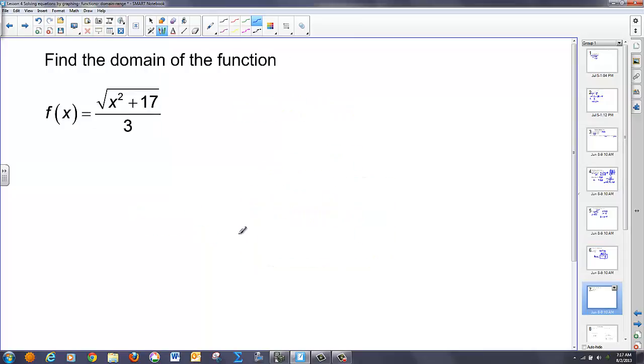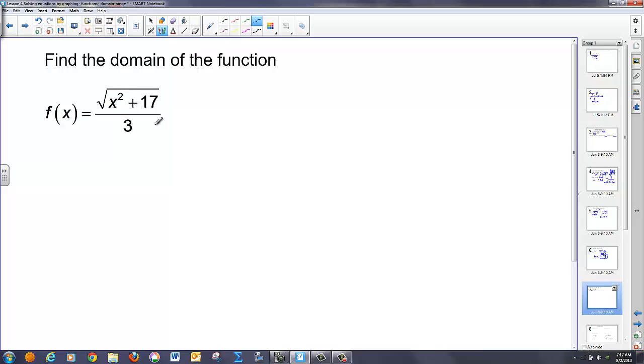Let's take a look at the domain of this function. It's fairly similar to the last function, except for the fact that I have an x squared in my radical. Now you'll notice that an x squared is going to make every term in this equation positive.